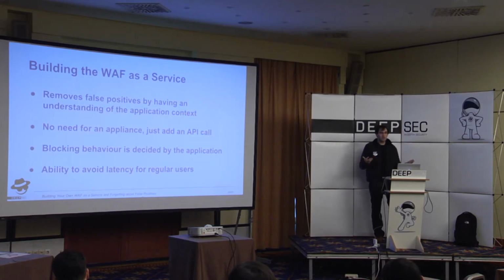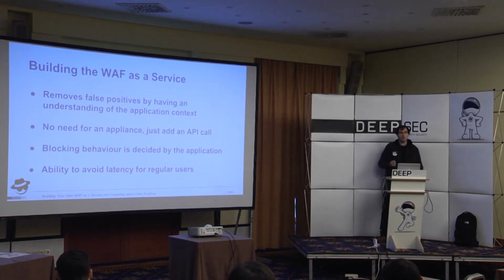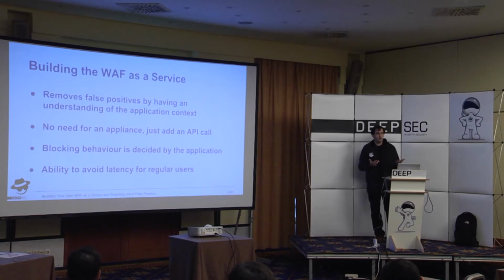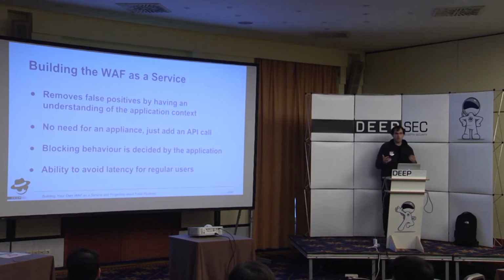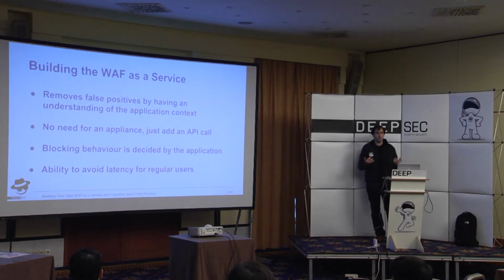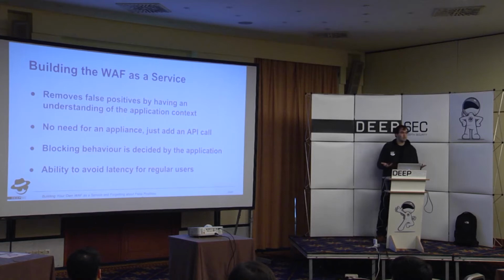Not using an appliance, but an API call, which is something developers are very used to, just interacting with a web service. Blocking behavior will be decided by the applications themselves. Depending on whether you use a library or an agent, this might change how they decide it, but in the end, the application itself would know how they want to treat something they want to block. And of course, removing the latency for regular users, which was one of the biggest pain points here.